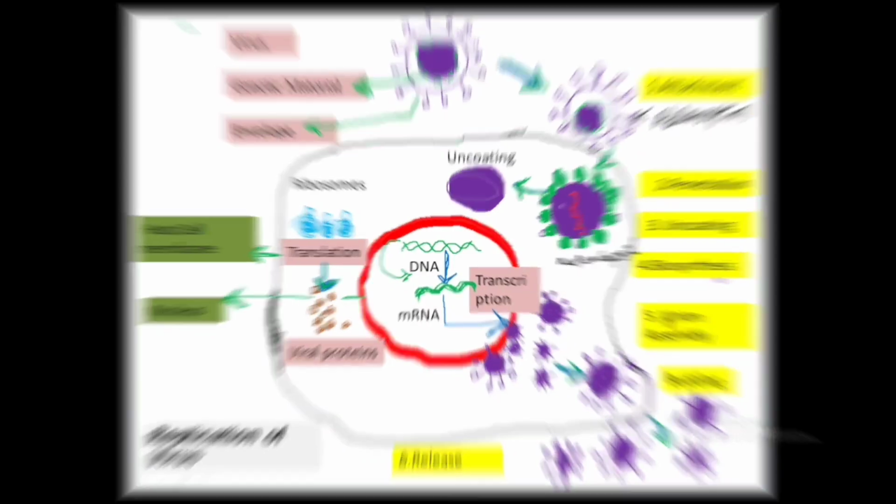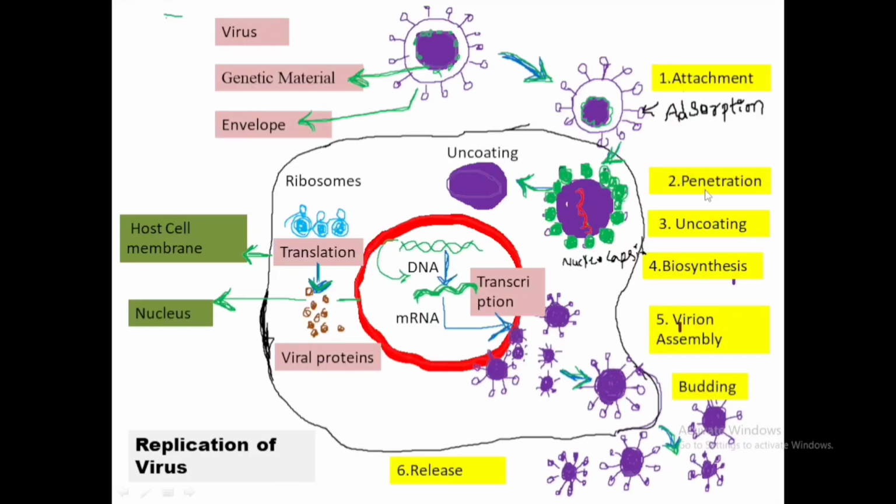Then the next step is penetration. What penetration means is the virus enters inside the cytoplasm of the host cell. For example, if it is an enveloped virus, the envelope fuses with the cell membrane of the host cell. Then it allows only the nucleocapsid into the cytoplasm.